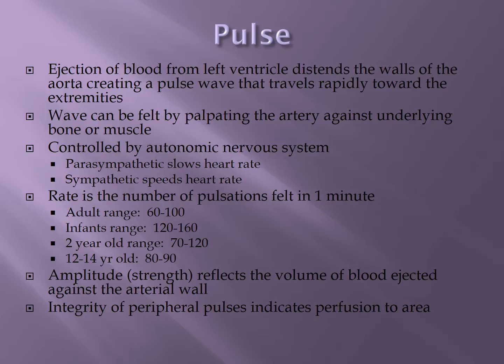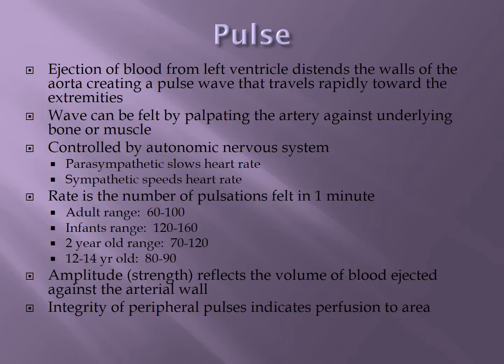In an adult, when you assess a pulse for the first time, you always assess it for 1 full minute. And then after that, if the pulse had a normal amplitude, which we'll talk about in a minute, and a normal, regular rhythm, then it would be okay to count how many pulsations you felt in 30 seconds and multiply that number by 2.